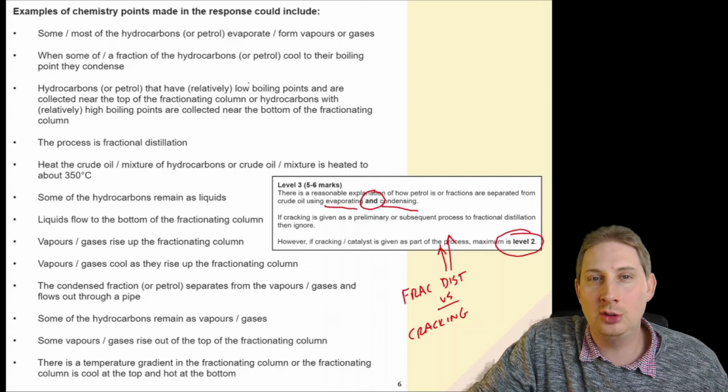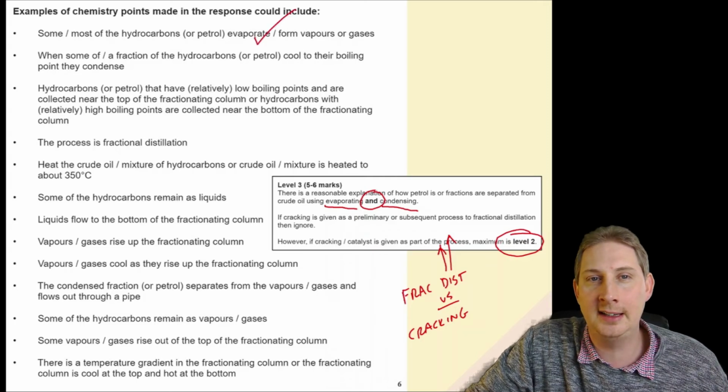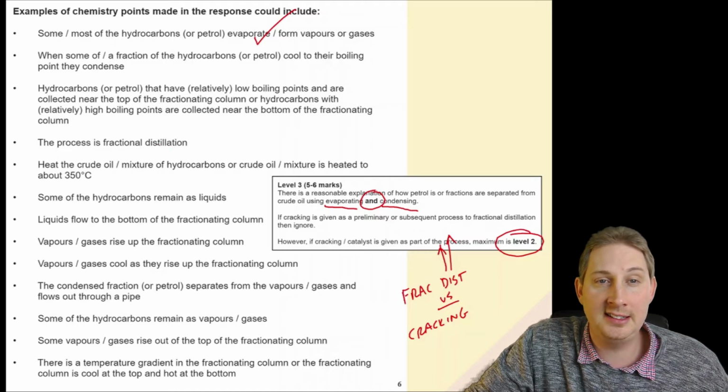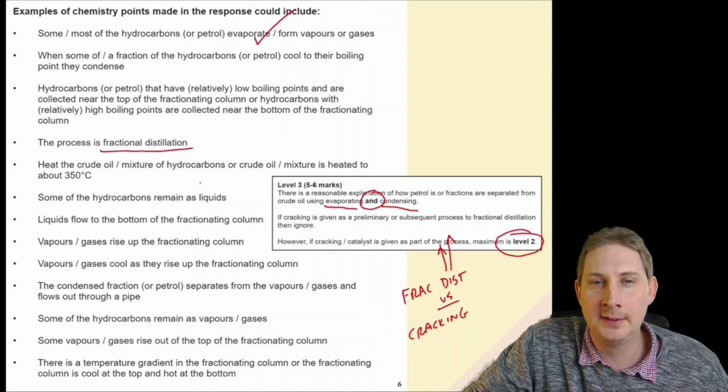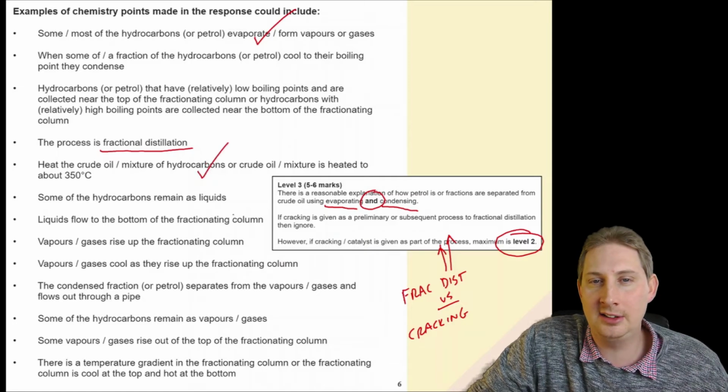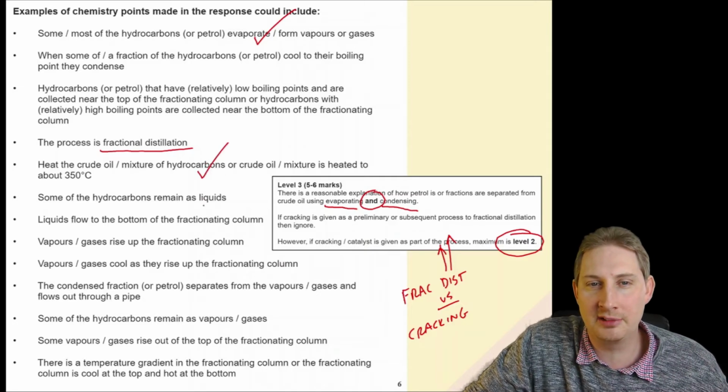But did you talk about evaporating most of the crude oil to form vapours? Did you talk about the fact that the process is even called fractional distillation, because that wasn't given in the question? Did you talk about heating the crude oil in order to make it evaporate?